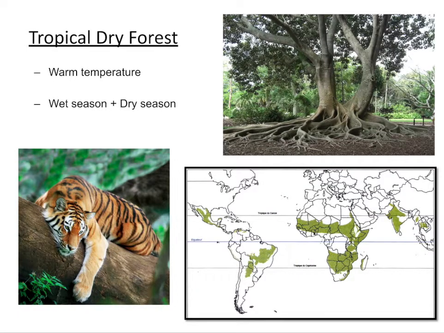Tropical dry forest. Here we have warm temperatures and then a wet season followed by a dry season. So much of Thailand would be like this. And so the characteristic plants and trees that we have in our area reflect this tropical dry forest.